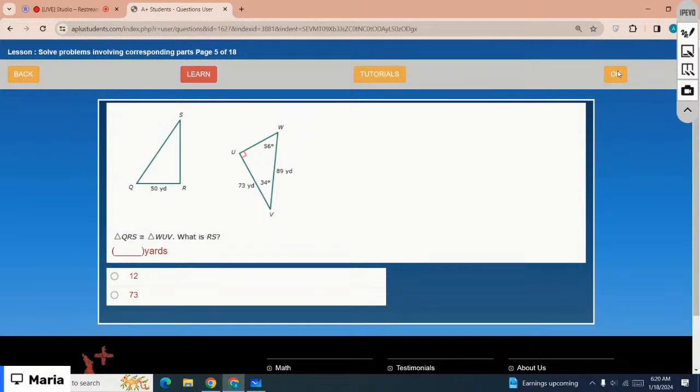Triangle QRS is congruent to triangle WUV. What is RS?